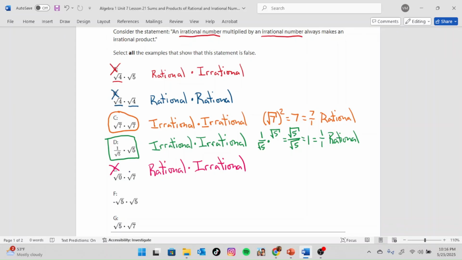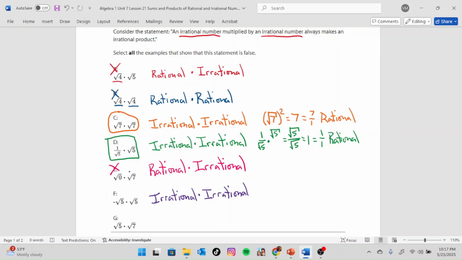Now we look at F. Here we have the negative square root of 5 times the positive square root of 5. This is an irrational number multiplied by another irrational number.